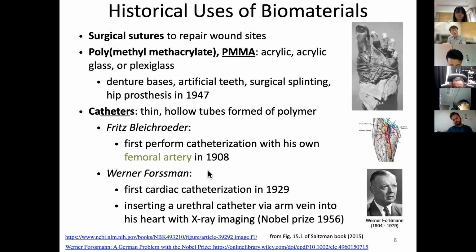And then he went to the X-ray room, and they injected X-ray contrast agent, and he had inserted it about 60 centimeters. 60 centimeters is about anatomically right, it actually went into his right atrium. They found in the X-ray image, and demonstrated, oh, a person doesn't die even if the catheter gets inside the heart, in this case the right atrium.